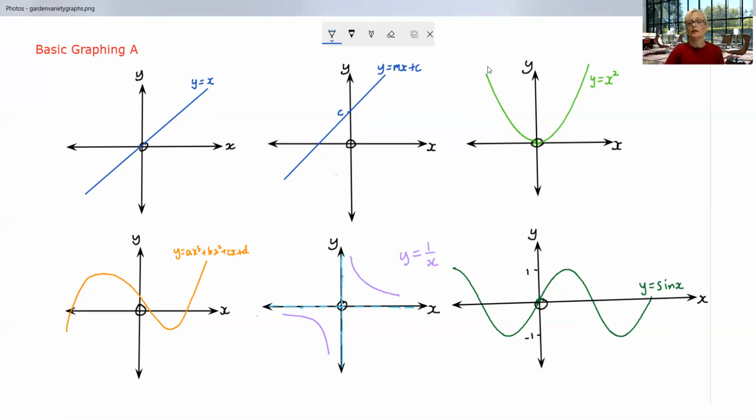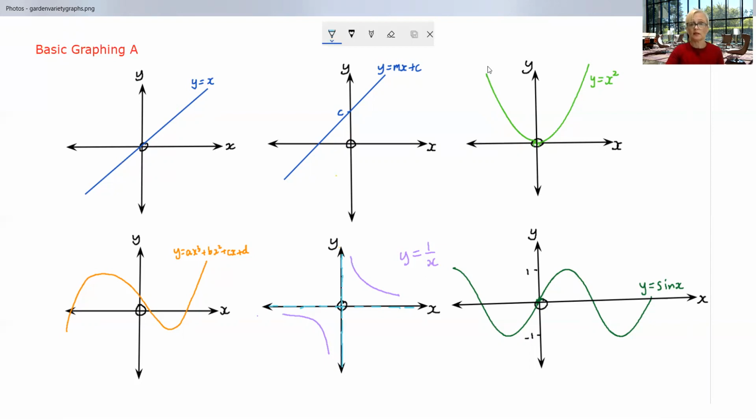For example, take this basic parabola. If I were to multiply that by 2, I'm going to get a steeper parabola, which is going to look like a skinnier parabola. If I multiply that by a half, I'm going to get a less steep parabola, or a fatter parabola, shall we say.